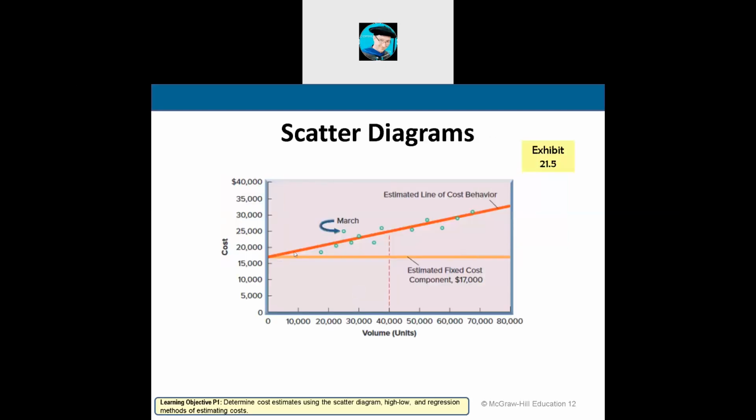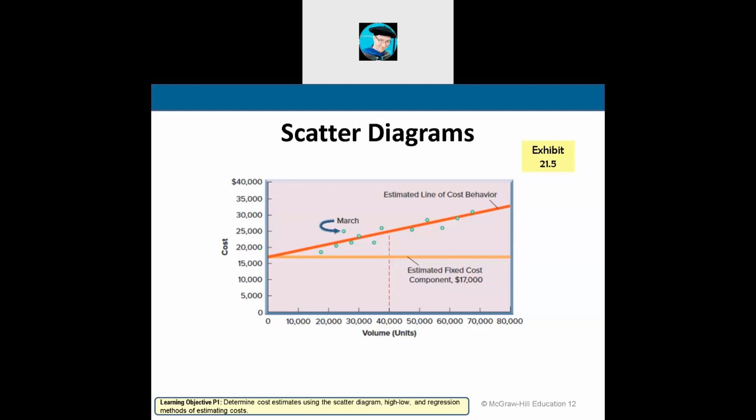Okay, so the first one I want to talk about is called the scatter diagram. Every month, our costs change. That's normal. That's business, right? Our costs are going to go up and down based off of whether the electric bill was higher or lower, labor costs higher or lower. All the variable costs change from time to time. So the little dots on the screen that you see there represent the individual months: January, February, March, April, May, June, July, August, September, October, November, December.